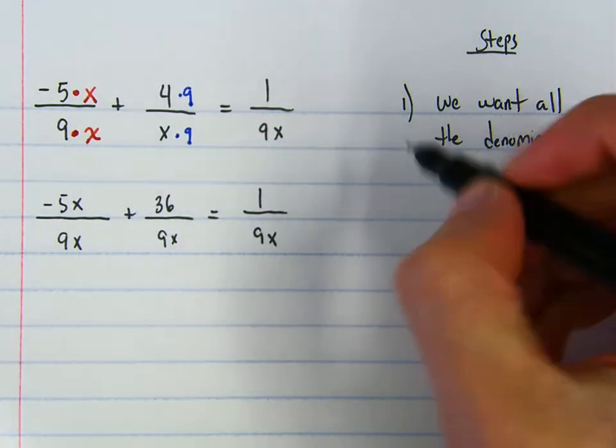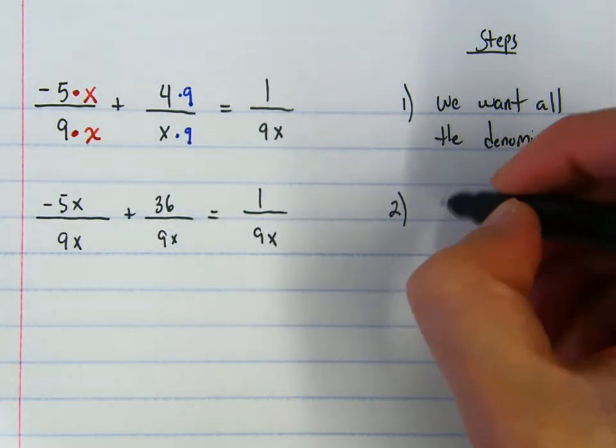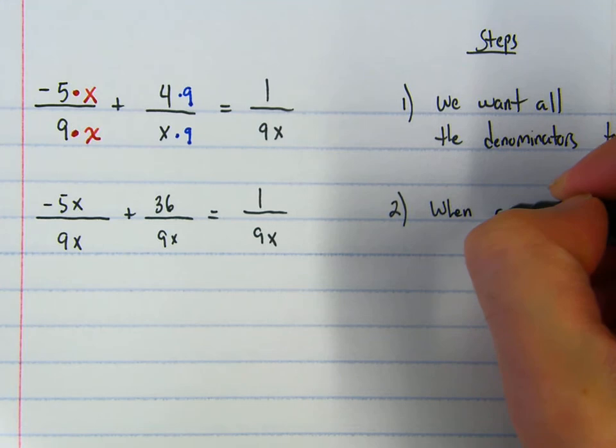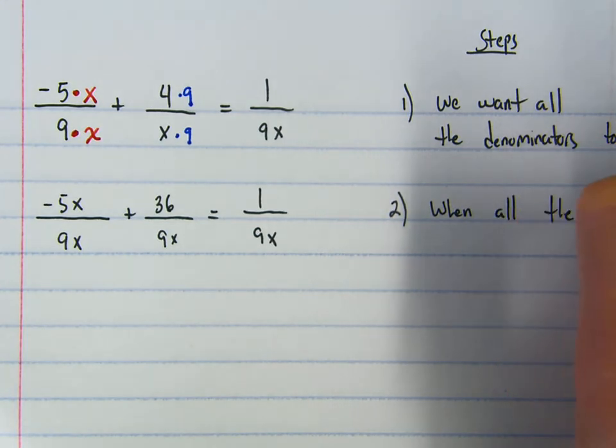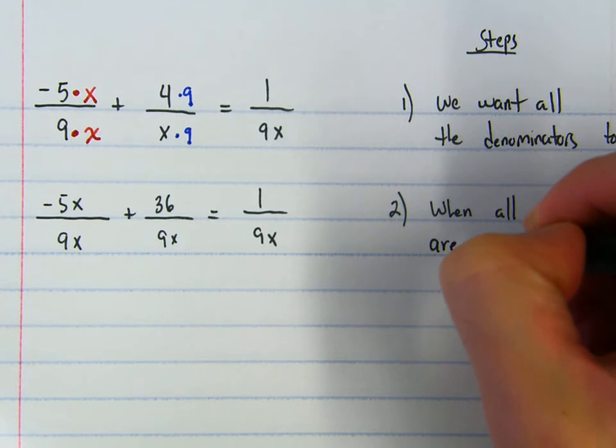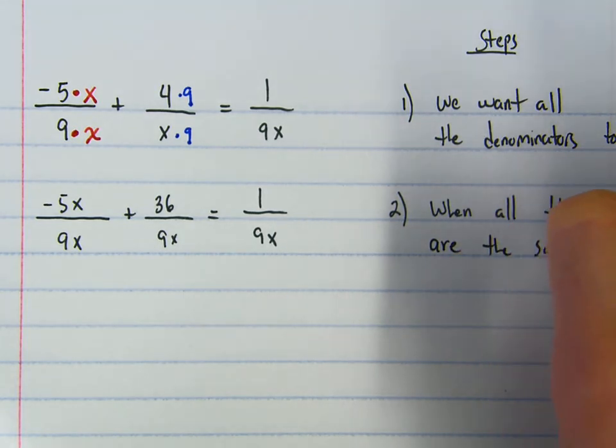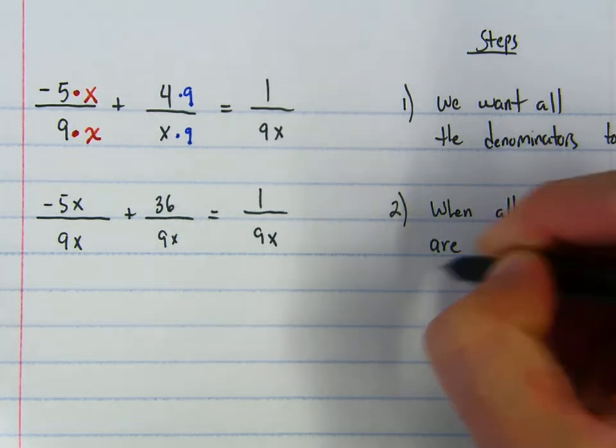Great. Now, let's write this down. It's really important: when all the denominators are the same, we can cancel them out.